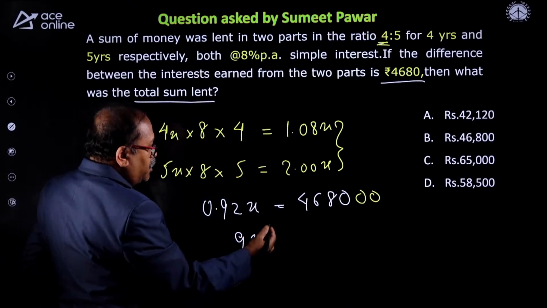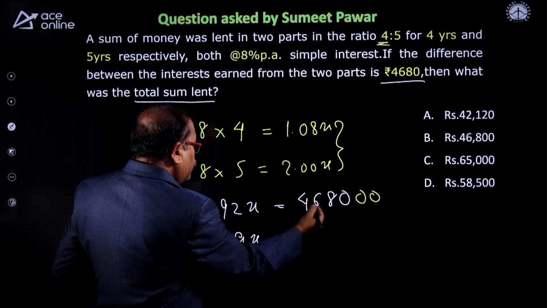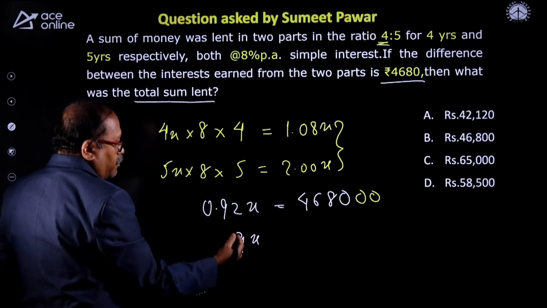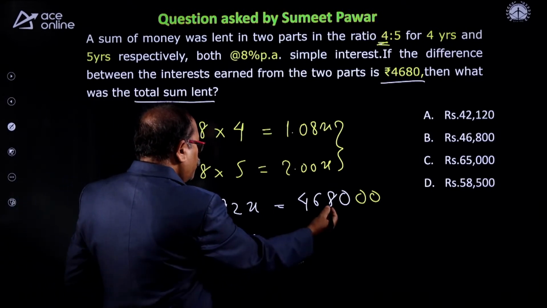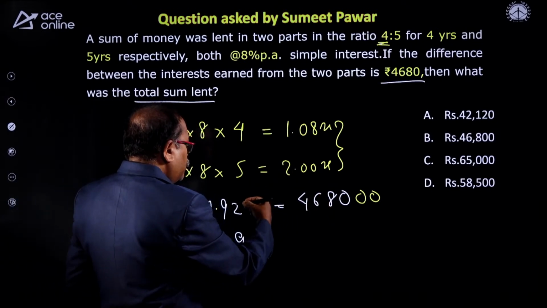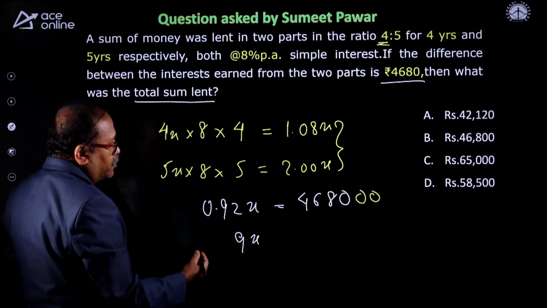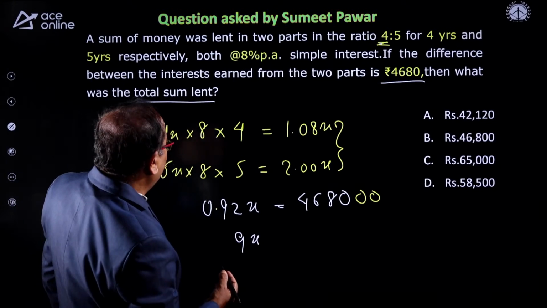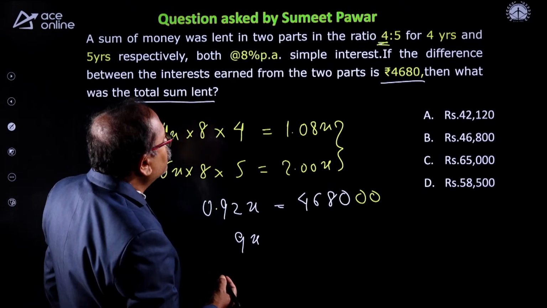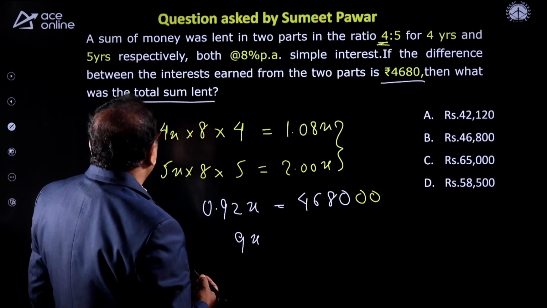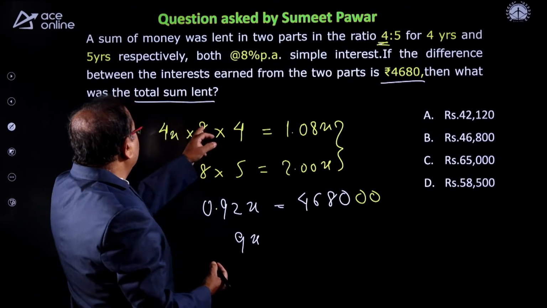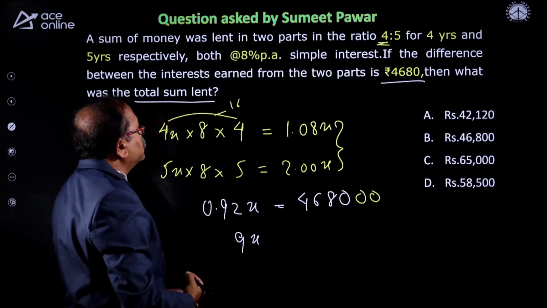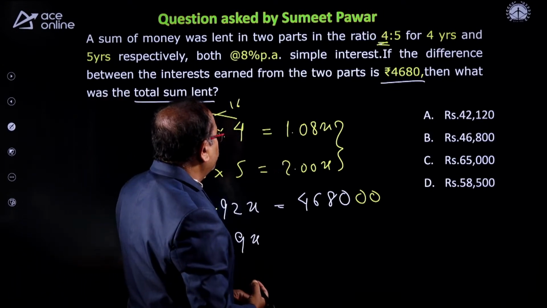And will this number get cancelled by 92? Let's check that. That is 9 2s are 18, carry 1 and 9. No, that is 4. 4 to 8 and 4, 9. Did I go anywhere wrong or any typing wrong? 4680, and here it's 4 4s are 16 and 16 8s are 108 here.